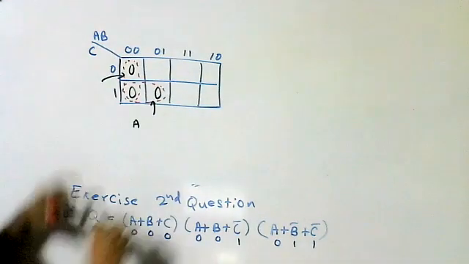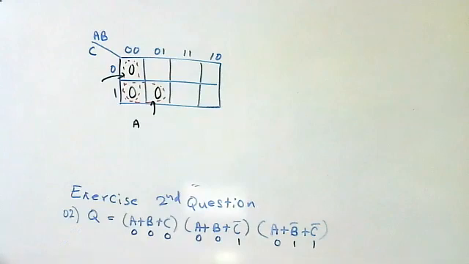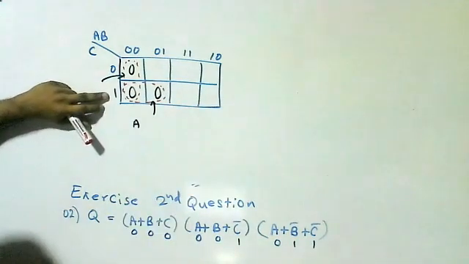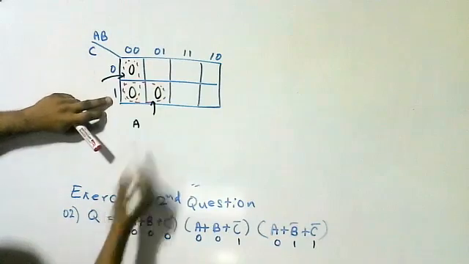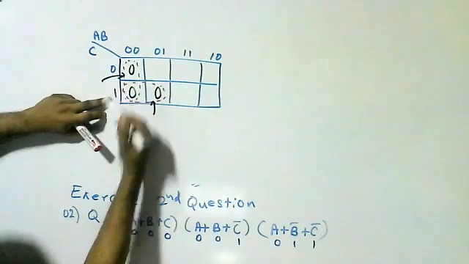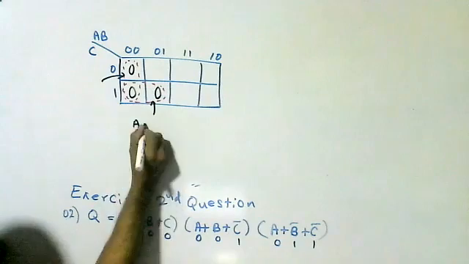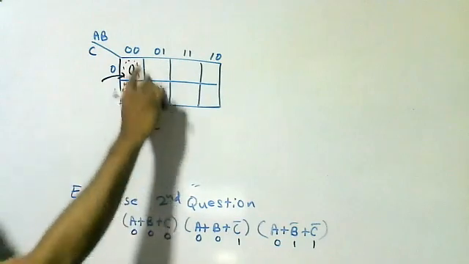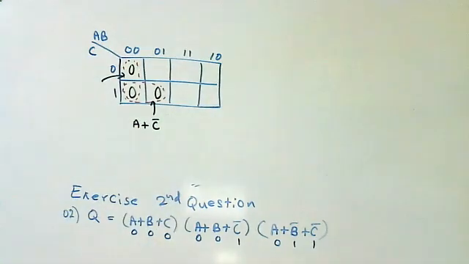The value of B is changing from 0 to 1, so we can skip B. And here C is not changing, but the value of C is 1. So we have to take C bar. If it is 1, C bar. If it is 0, direct variable.